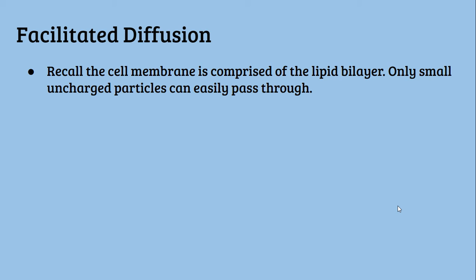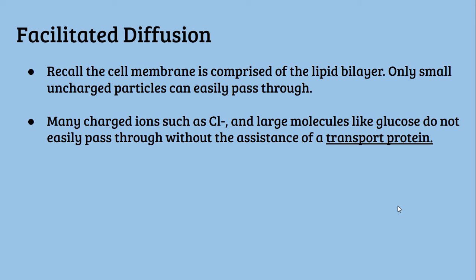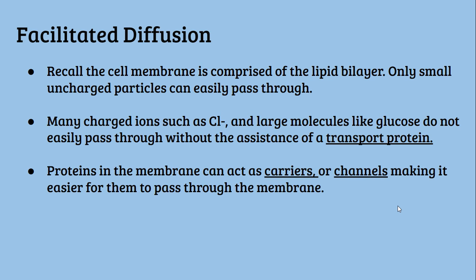Now, not everything that passes via passive transport can do it simply through the membrane. Some require some help. Remember, the cell membrane is comprised of a lipid bilayer, so only small uncharged particles can pass through. Small particles that have charges, or even large molecules like glucose, can't easily pass through without the assistance of a transport protein.